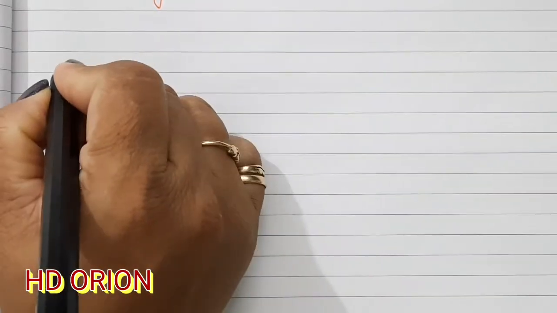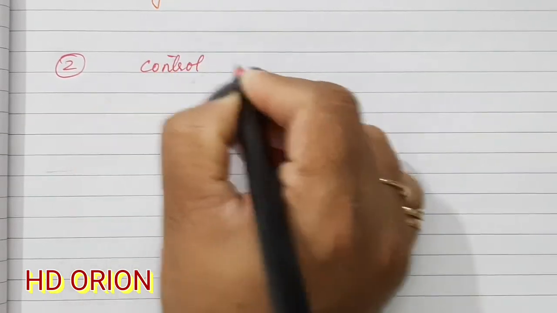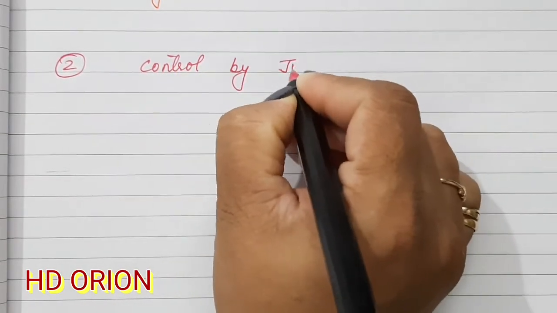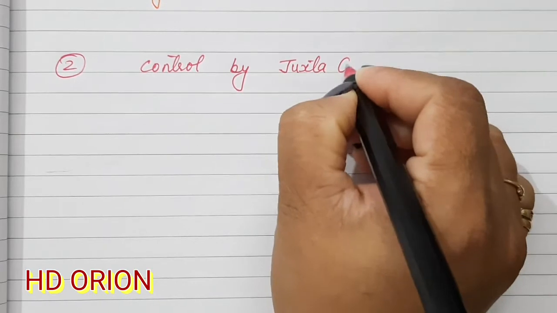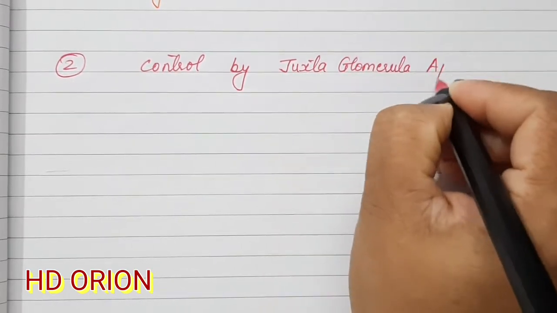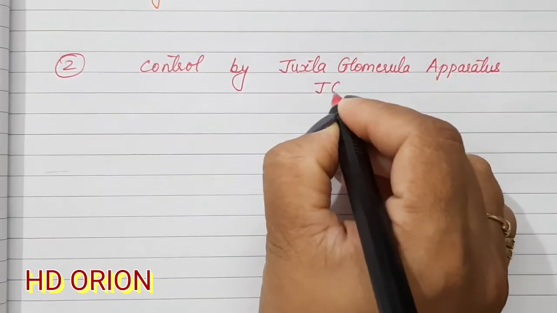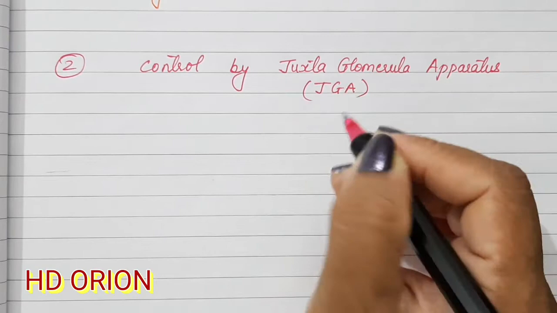Let us see the second type of control, the control by juxtaglomerular apparatus. This is the JGA apparatus.